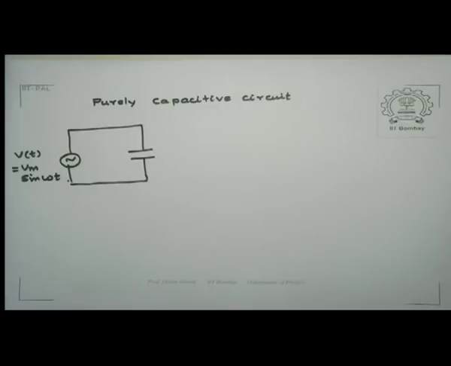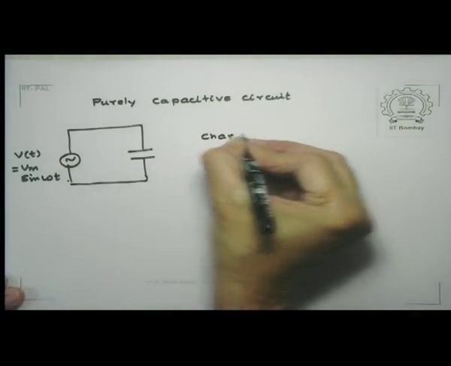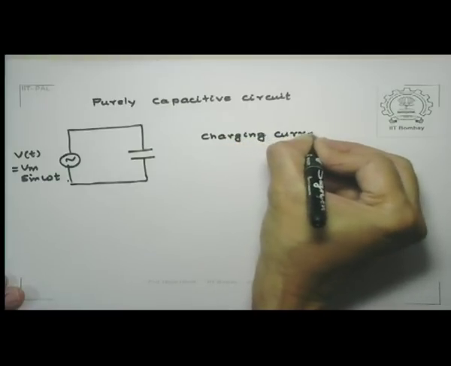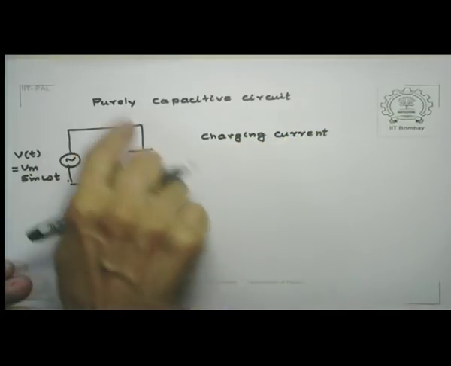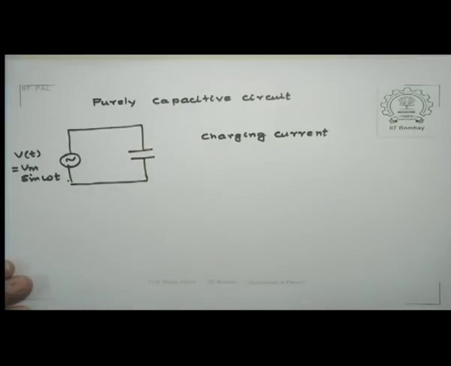Now here what happens is this: assuming that initially my capacitor plates are uncharged, there would be a charging current. And this charging current would make this capacitor plate, let's say, positive, and this plate negative.